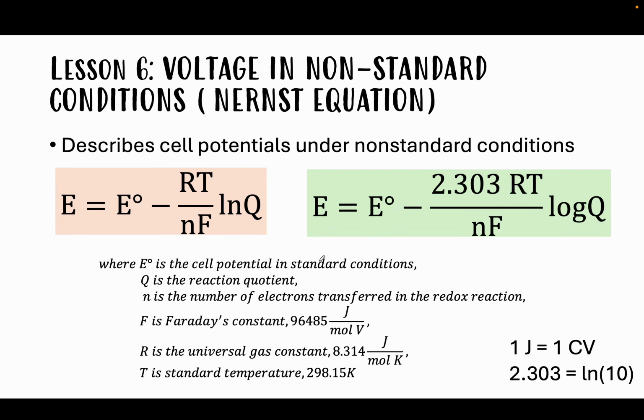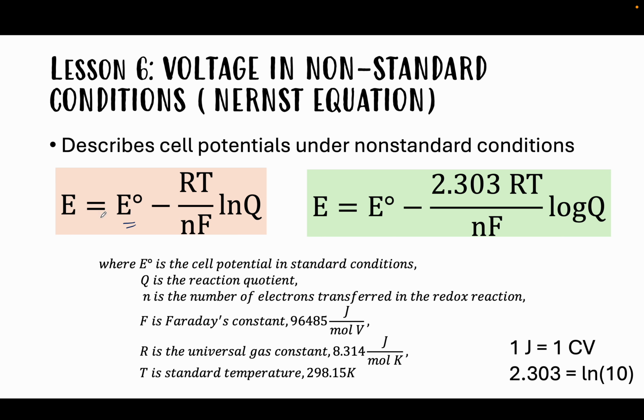And if you look at it, one variable here, from the previous lesson, is the standard cell potential, or cell potential in standard conditions, E naught.